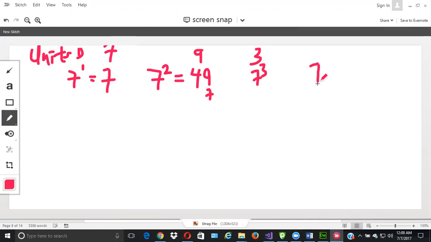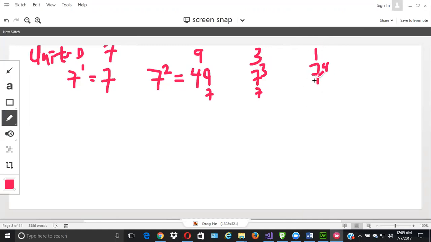And then same thing with 7 to the 4. If I want to find the units digit of 7 to the 4, I can do the same thing that I did before. If I multiply 7 to the third by another 7, then 7 to the third has a units digit of 3, so the units digit of the next number would be the units digit of 7 times 3. 7 times 3 is 21, so this will have a units digit of 1.